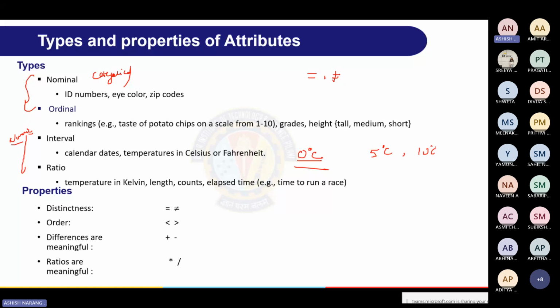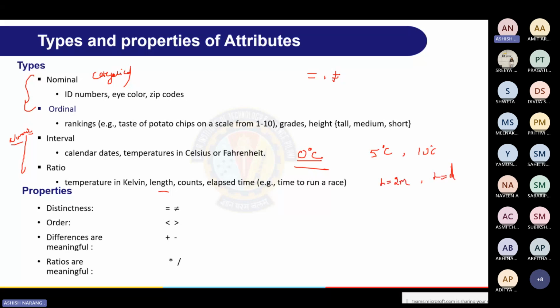So those are interval scaled attributes where you cannot do multiplication and division. When it comes to ratio scaled, those are the attributes where you can apply all kinds of operators, whether it's equal to, not equal to, less than, greater than, addition, subtraction, as well as multiplication, division. The reason is, let's take length. Length could be 2 meter, length could be 4 meter.